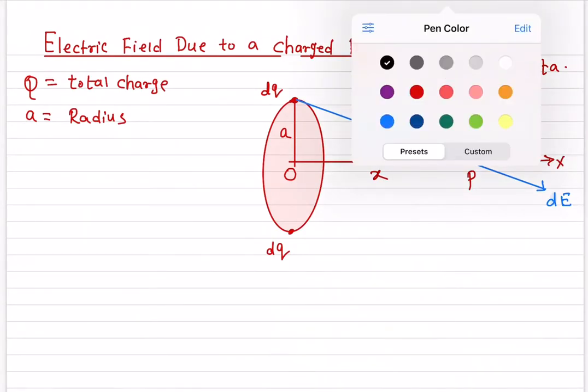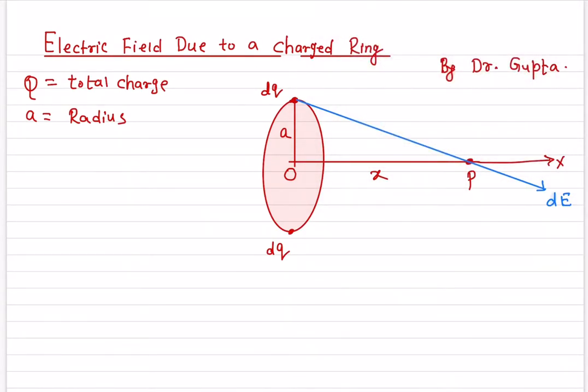The same way, we also find the electric field at this point P due to this tiny charge.